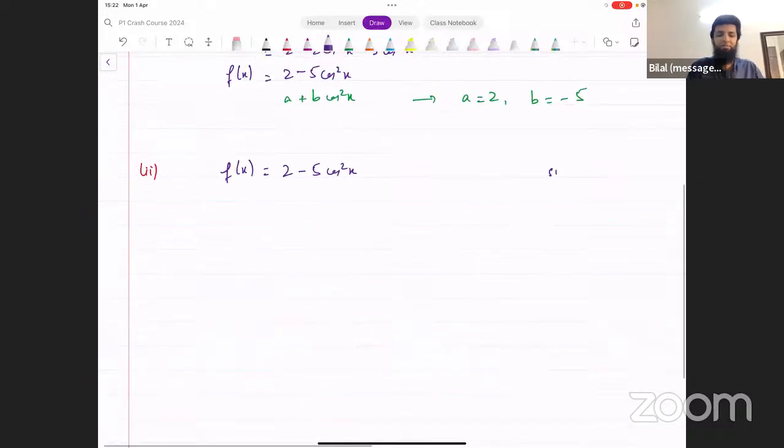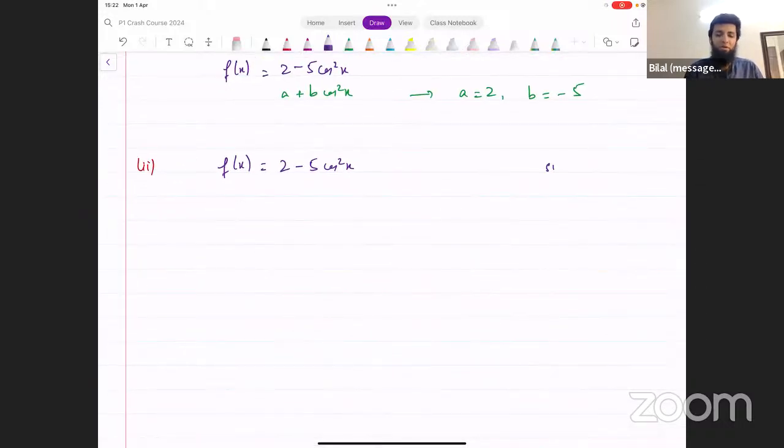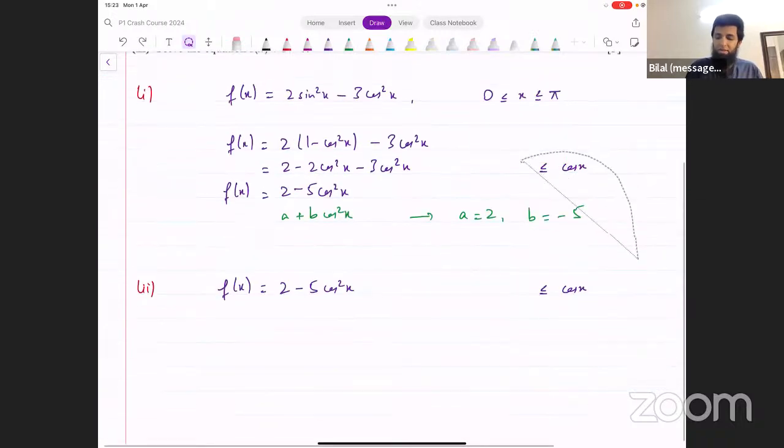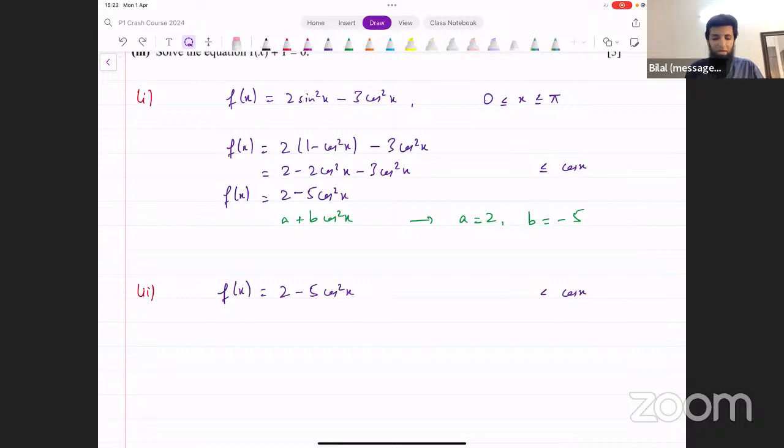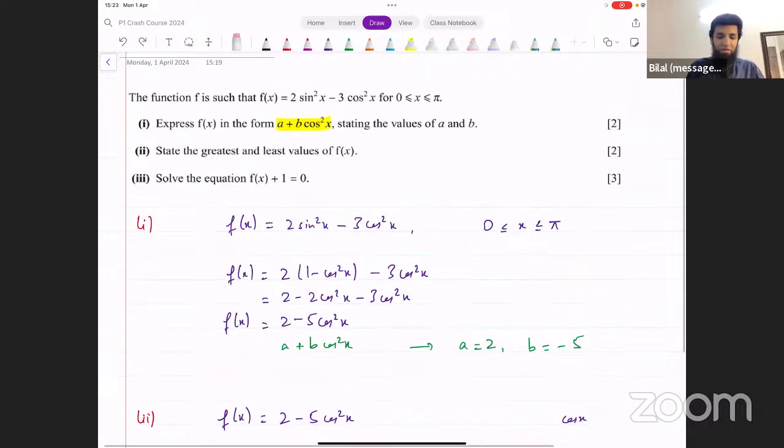But first, since we've already converted it to 2 minus 5 cos square x, let's use this form to find the range of the function. Now, how do you use this function to find the range? Let's use that same idea that we used for the sine function in the very first question that we did.